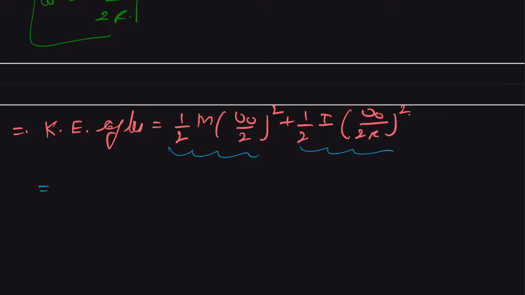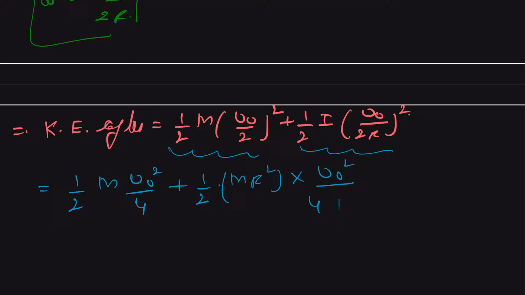So we can say it is equal to M V naught square upon 4 plus half MR square times V naught square upon 4 R square. R square and R square cancel out, and this comes as 1 by 8 as well as 1 by 8. So this is coming as 1 by 4 M V naught square.